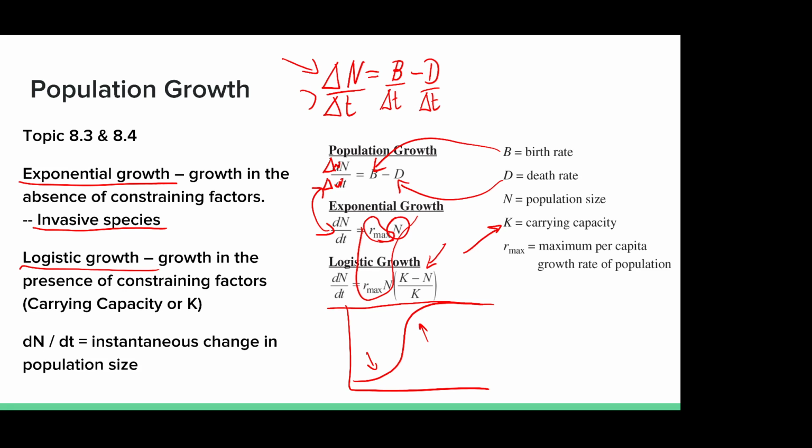So for a population growing logistically, if N is equal to K, let's say that was K there, then K minus K is 0, and 0 times anything is 0. So for a population growing logistically, the growth, dN/dt, at the carrying capacity will be 0.